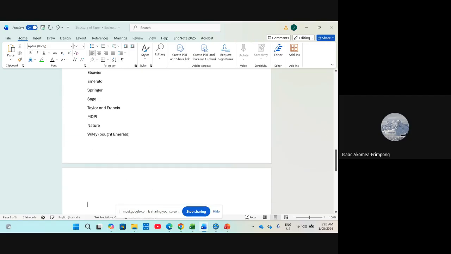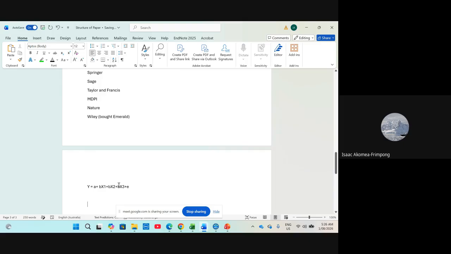You see people doing Y equals A, which is a constant, plus B1X1, plus B2X2, plus B3X3, then plus E. The E is the error term. Okay. So if you have something like this, what this means is that, what's that?